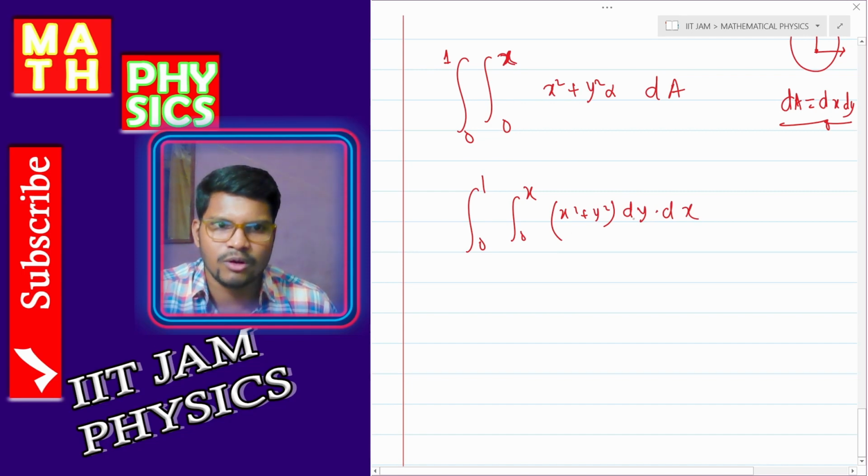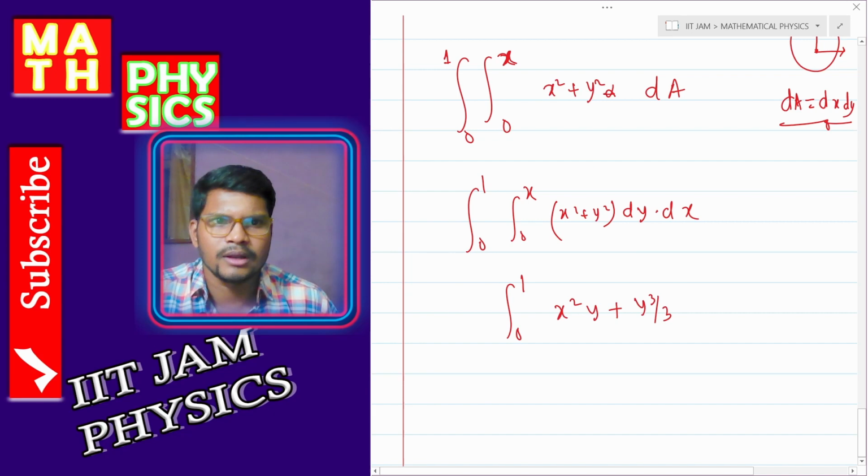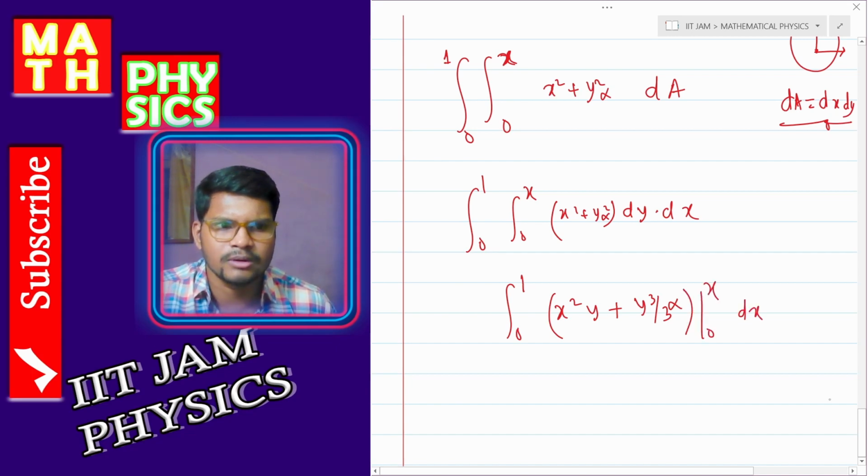So first of all x is constant, and whenever we take the integral with respect to dy, I'm going to get everything in terms of x. So over here you will get x square y plus y cube over 3. Let's say alpha is there, no problem. Here you can plug in 0 to x, and then dx from 0 to 1.